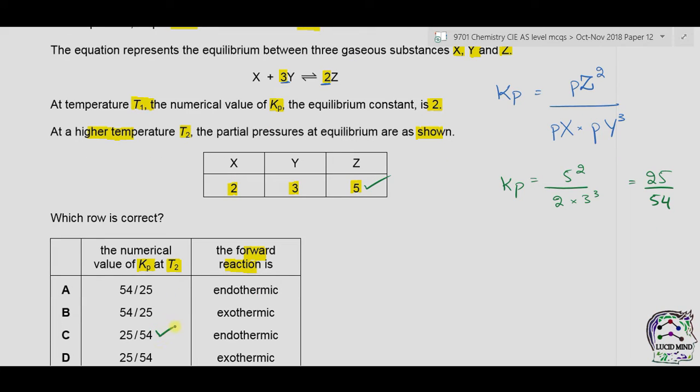So it is either C or D. Now at temperature T1, the value of equilibrium constant Kp was equal to 2, while at T2, the value of Kp is 25 divided by 54, which is equal to 0.46.